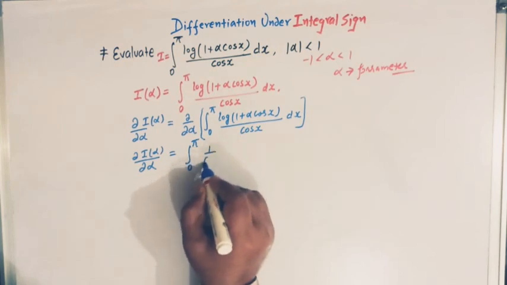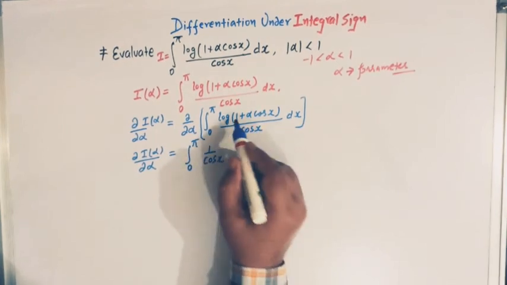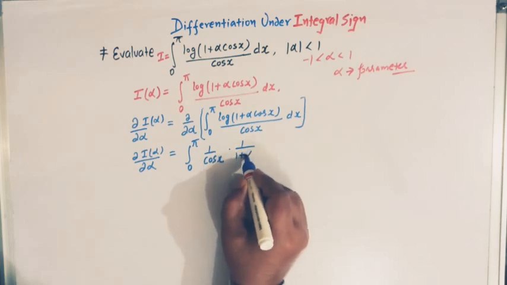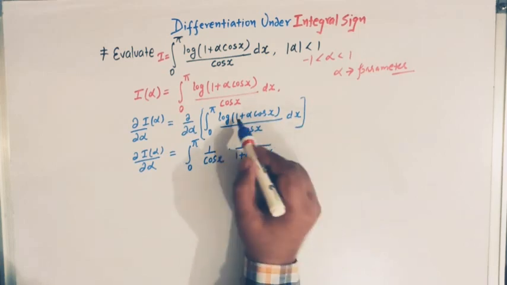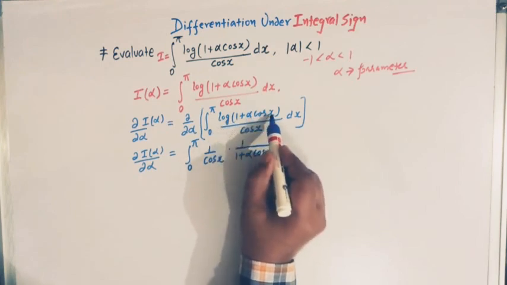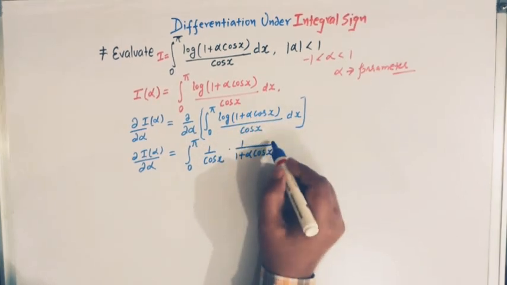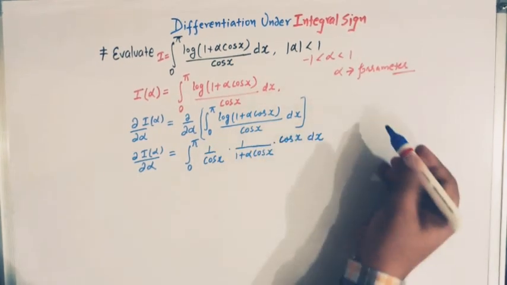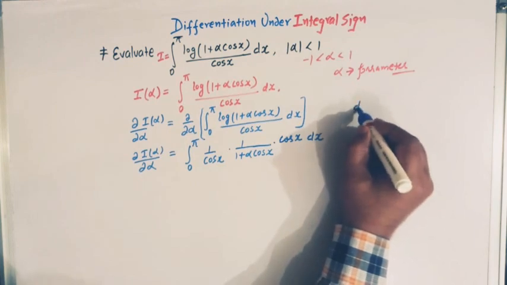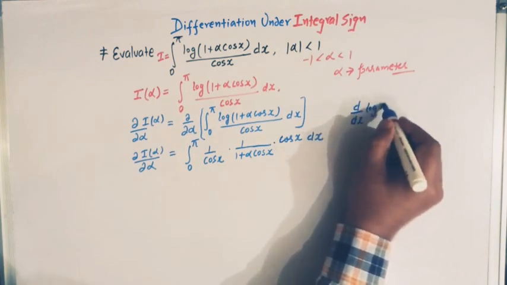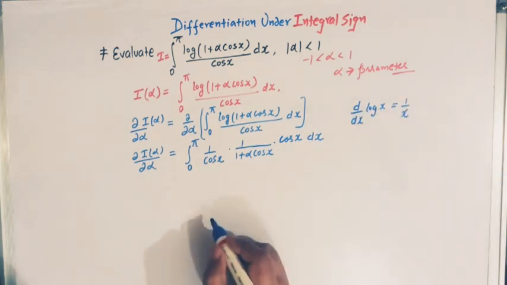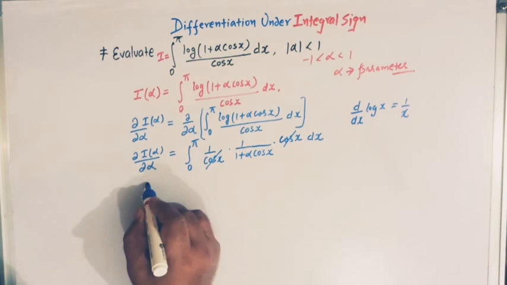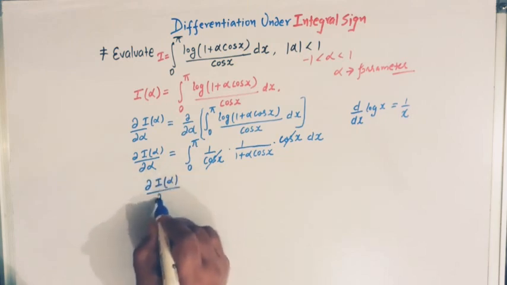So this cos x in the denominator remains as such, and the derivative of log of (1 plus alpha cos x) is 1 over (1 plus alpha cos x), and then by chain rule the derivative of 1 plus alpha cos x is simply cos x, right? And here we'll have dx. So here we have made use of the formula for the derivative of log of x, that is 1 over x, right?